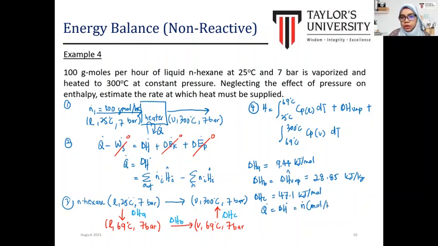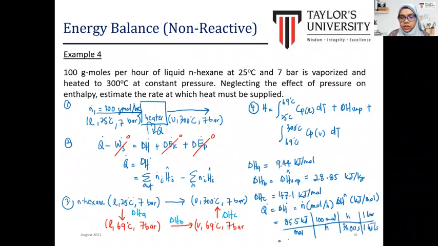So we have Q equal to delta H equal to N times delta H, with the units mole per hour times kilojoule per mole. By changing the unit, we get 85.5 kilojoule per mole, so for 100 mole per hour, divided by 3600 second per hour, and 1 kilojoule per second is 1 kilowatt.